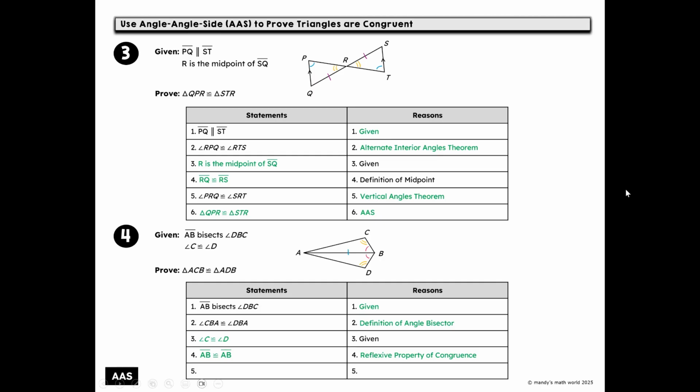I have now proven these two angles are congruent. These two angles are congruent. This side is congruent to itself, right? So I can now conclude that triangle ACB is congruent to triangle ADB by AAS, or angle, angle, side.